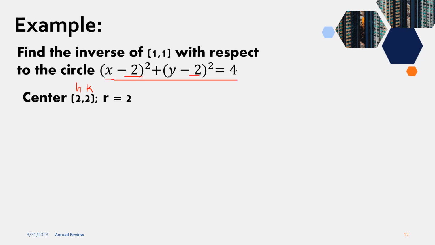I mean, the 4 in here is the r squared. So r squared is equal to 4 based on the standard form of the equation of the circle.